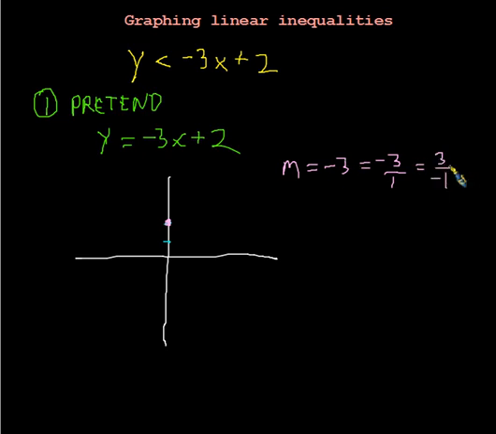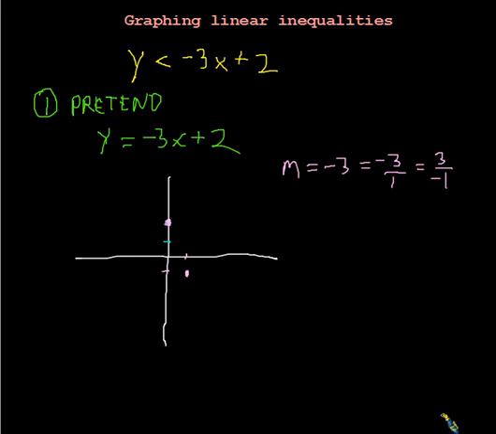Those are all equal to each other. Rise over run is slope. We could rise negative 3 and run 1. So if we rise negative 3, 1, 2, 3, we could then run 1, and we would end up with another dot right about here. And then we just draw a line through there.